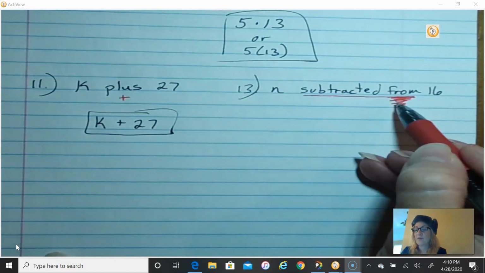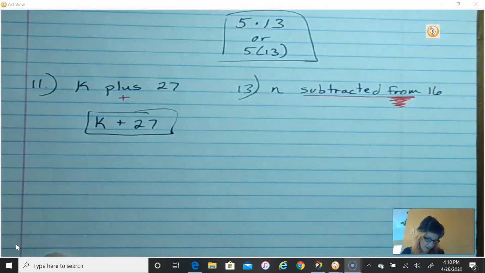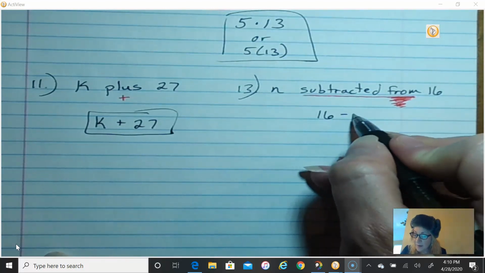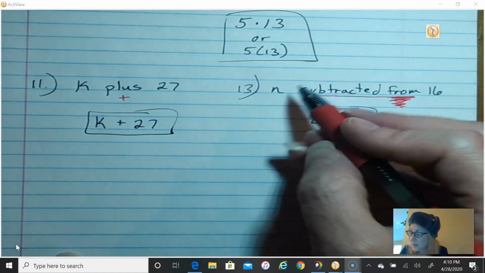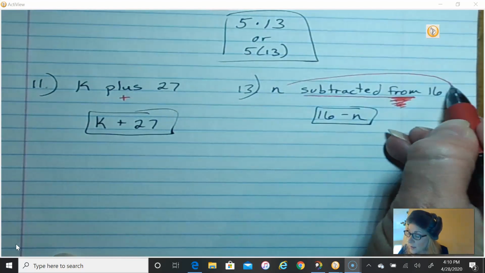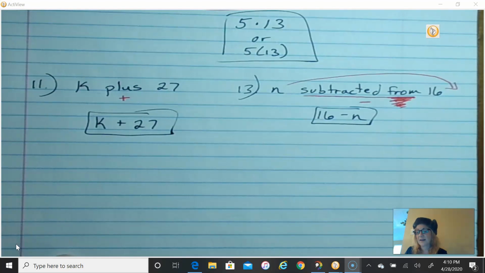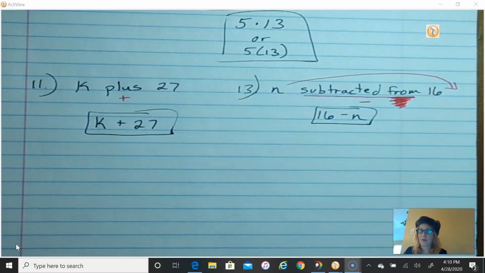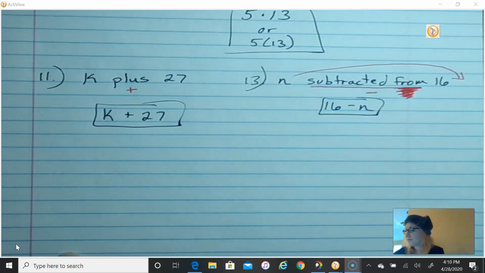Whenever it's subtracted from, n is being subtracted from 16. So this would in fact be written 16 minus n. Kind of like those red flag words that I was telling you about. So n would be going at the back again, and that's subtraction. Okay, it's kind of like those red flag words. And it's this word from that's the key word. I will tell you, there are more.